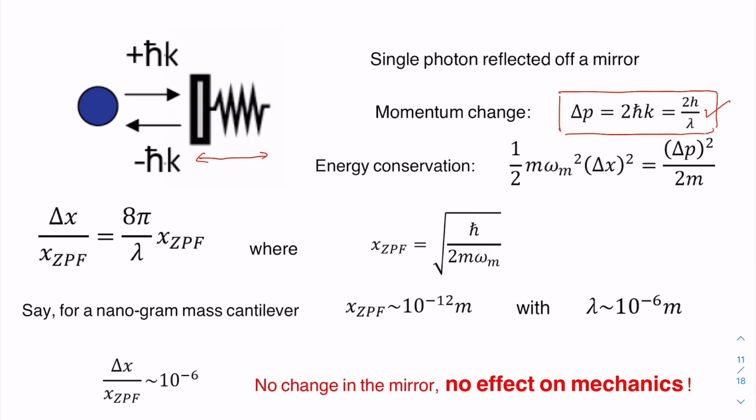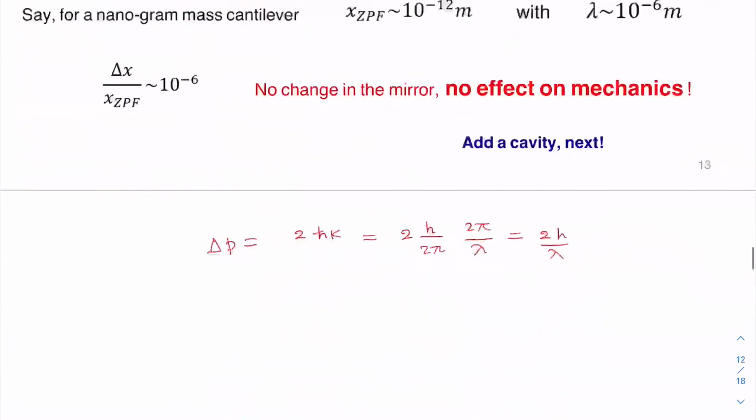Now as a result, when the photon is getting incident, the mirror is getting displaced by an amount delta x, so this much potential energy is getting stored in the mirror, which is coming from the kinetic energy of the photon. So due to energy conservation, I can write this equation. Let me explain it again.